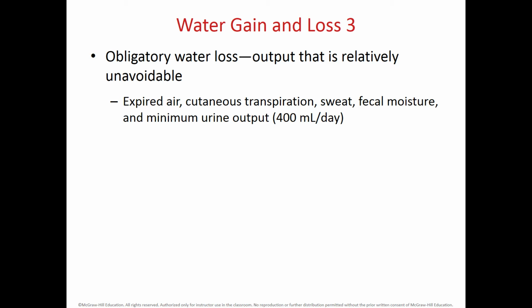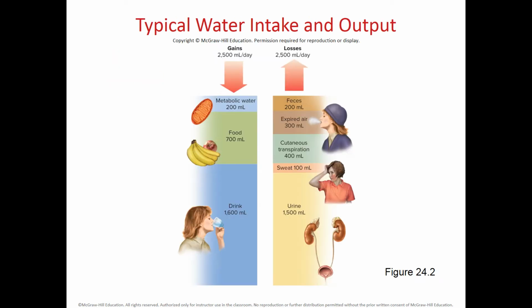This obligatory water loss is around 400 milliliters per day, and it comes from the evaporation of water every time that we exhale, so the expired air, also through transpiration, in defecation, and also in the minimum urine output, which will be at least 150 milliliters per day.